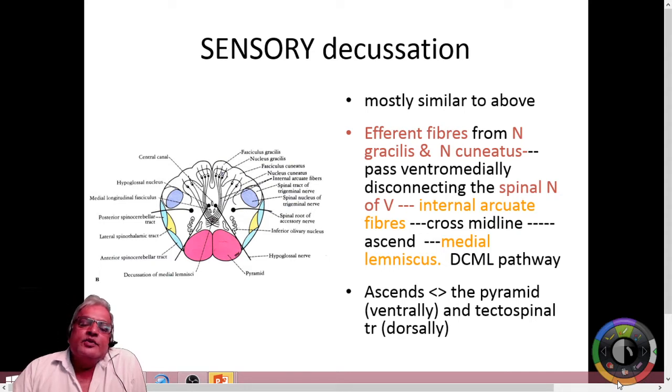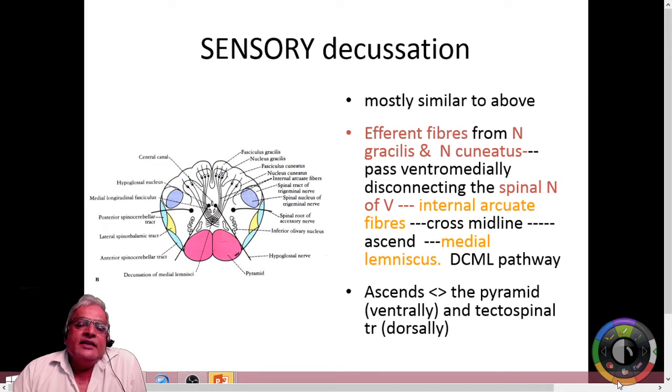So the central process in this case, instead of synapsing in the substantia gelatinosa or the nucleus proprius or Clarke's nucleus, just goes straight up to the nucleus gracilis or nucleus cuneatus.